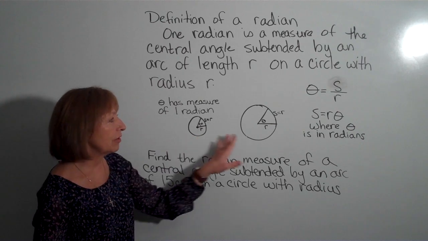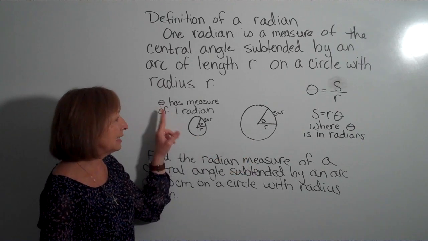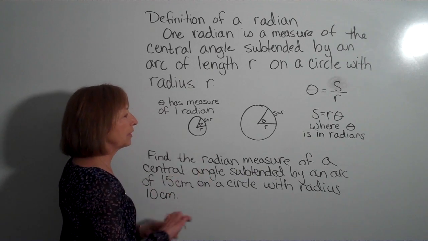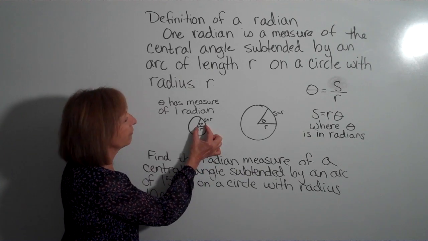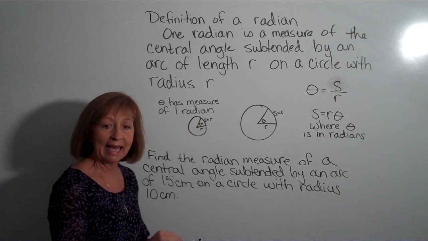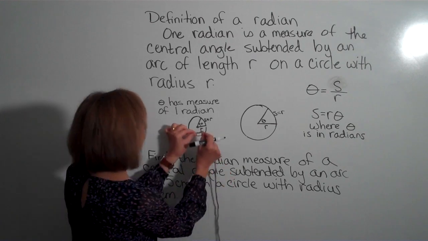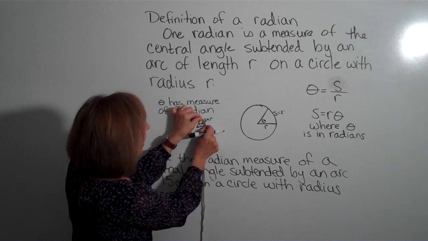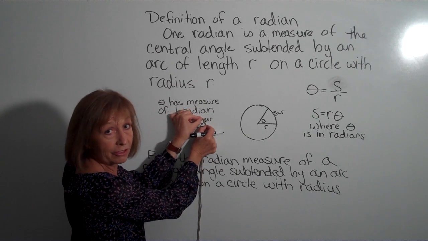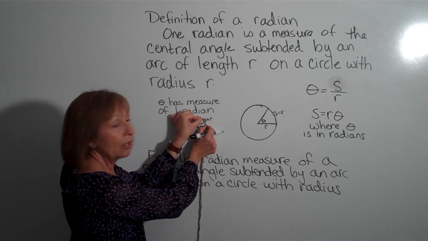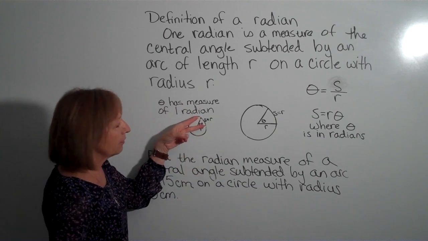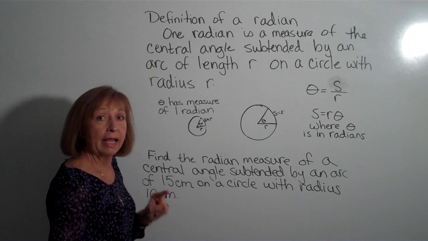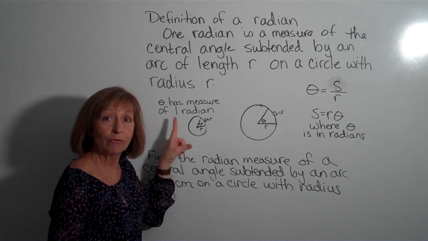When I look at each of these two circles that I've drawn, the angle that's drawn is an angle measurement of 1 radian, because for each of them, if you took the length of the radius and measured it out on a string, from the center of the circle to the circle itself, and then laid that following the curvature of the circle, marking the two sides of where that arc length starts and stops, and that's exactly the same as 1 radius for that size of circle, that central angle is called an angle measurement of 1 radian.